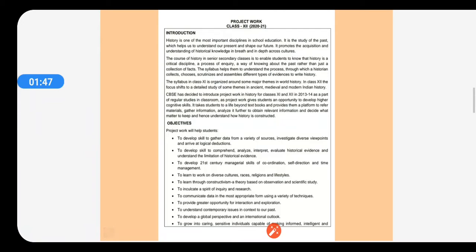You also have a project work for 20 marks. Here you can read out the details for the project work. As history is one of the most important discipline in school education, it is the study of the past which help us to understand our present and shape our future.